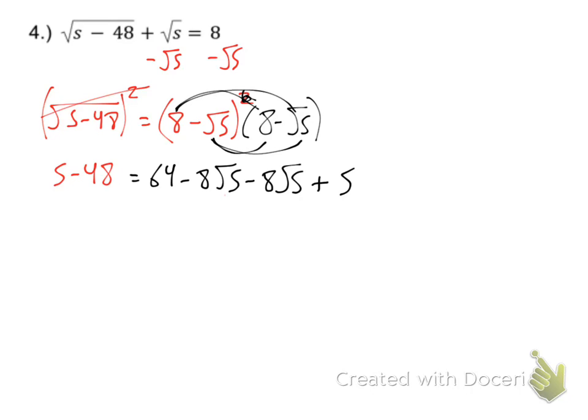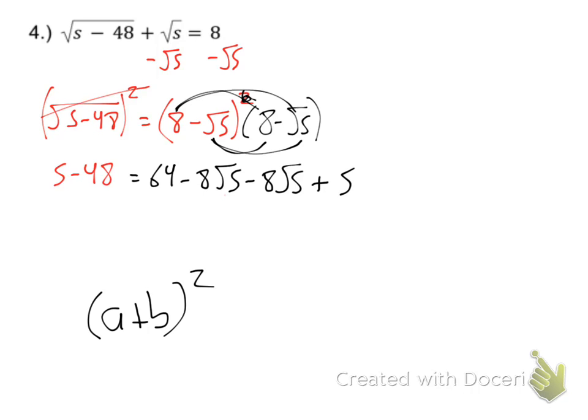Everybody follow foiling? First, outside, inside, last. I had about half of you guys 2 years ago, when we learned how to FOIL. We also learned that there are times where your numbers fit a pattern, where it's a plus b squared.